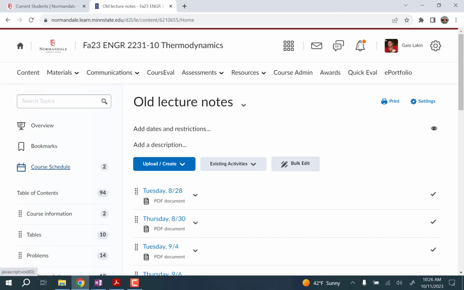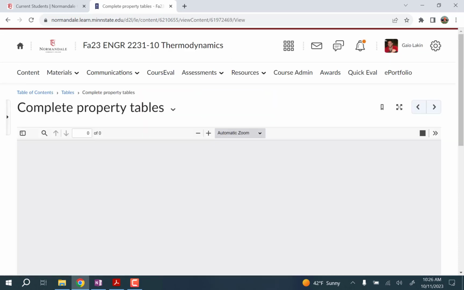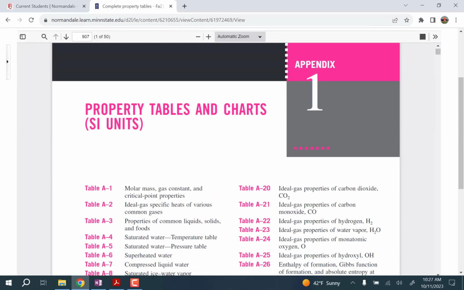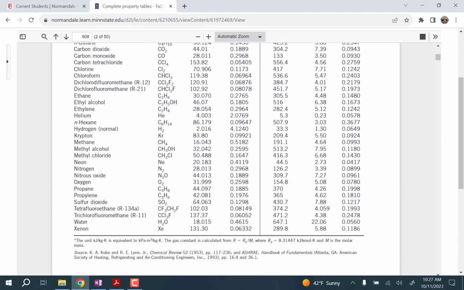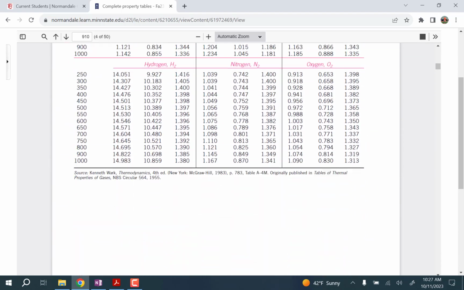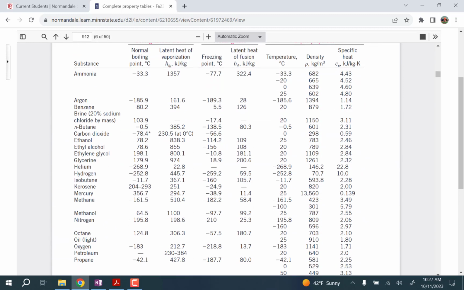So in problems where you have to find the specific heat, obviously you're going to have to use that in this kind of stuff. Go to tables, go to the complete property tables. It's this table A3, properties of common liquids, solids, and foods. And down at the bottom, it has the specific heat for water at different temperatures. So scroll down to table A3. There it is. You can see the specific heats over here on the right column.